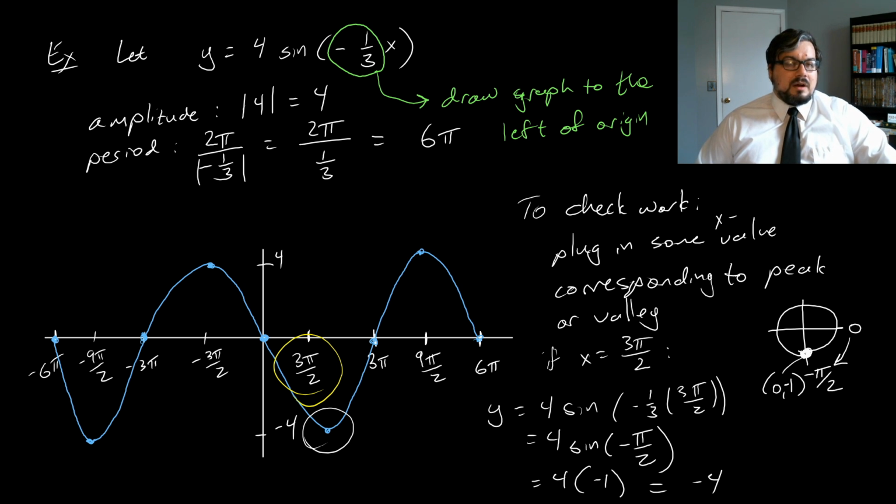All right, before we go on to the next value, the c in our formula, let's look at an example of how we can go the other way. Start with a graph and find a trig function that matches it.